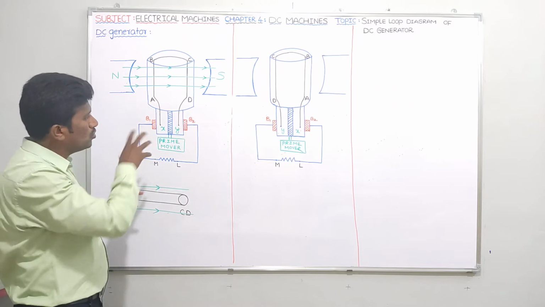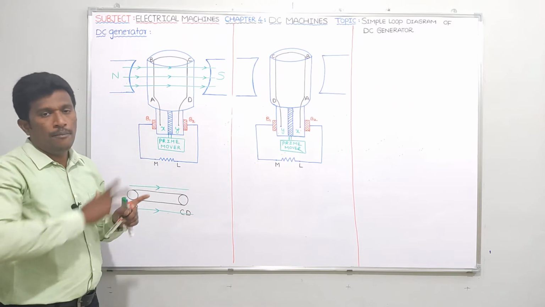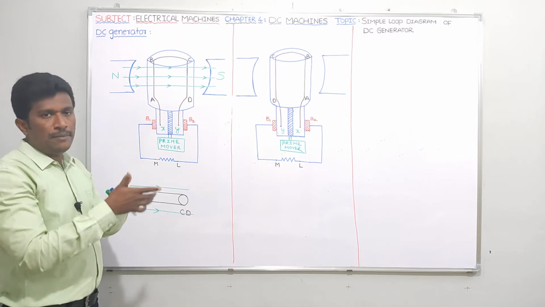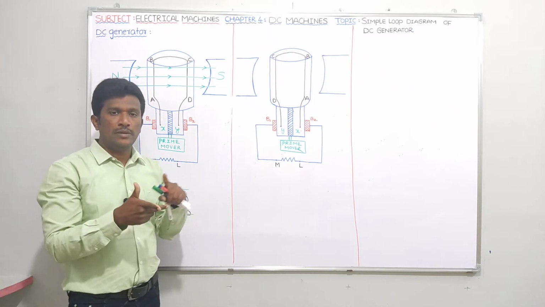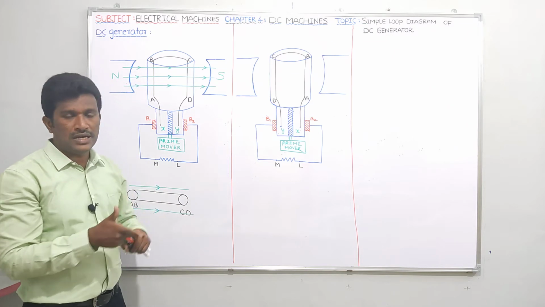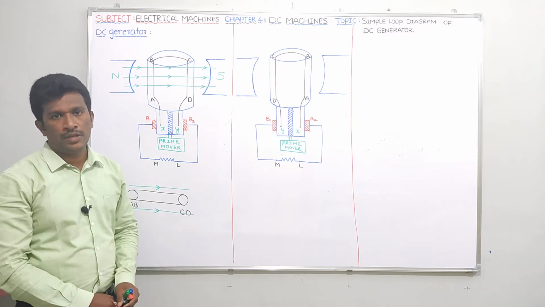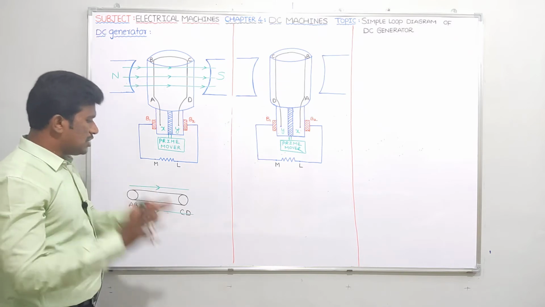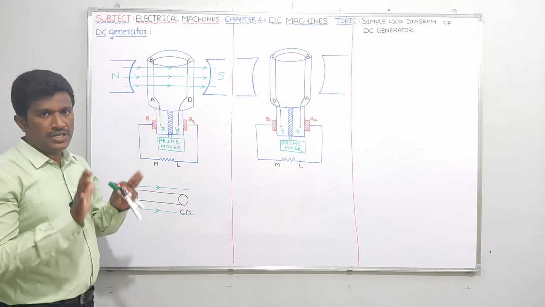That means let me move the conductor in one particular direction, so that we will get the thumb direction. By using thumb direction and forefinger direction, we can say the direction of center finger or middle finger. Is it clear, guys? So for that, let us assume, that is an assumption only, guys. Please try to understand.